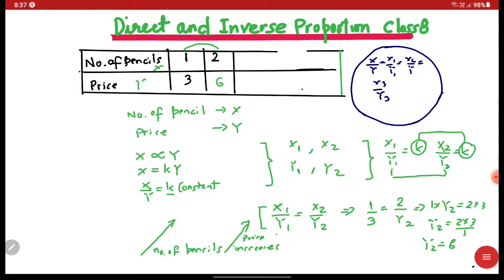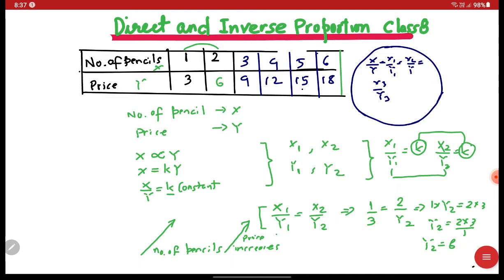Let me fill in some more details and see whether the given table in the question is a direct proportion or not. I'm filling it in. This is 3, then 6, 9, then 4 and 12, I'm just imagining it, 5 and 15, and 6 and 18. Now we'll check whether they are in direct proportion or not.